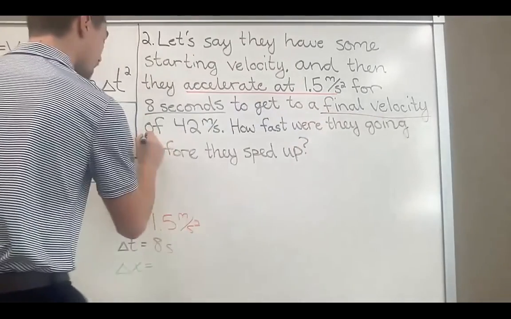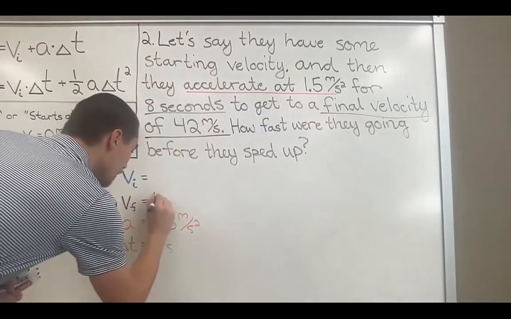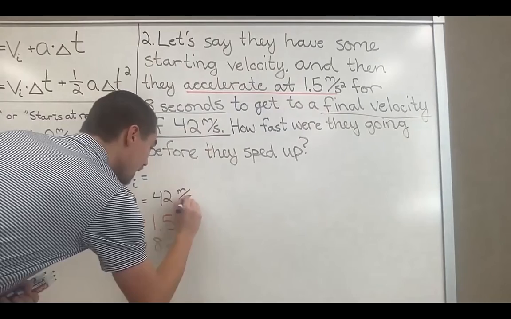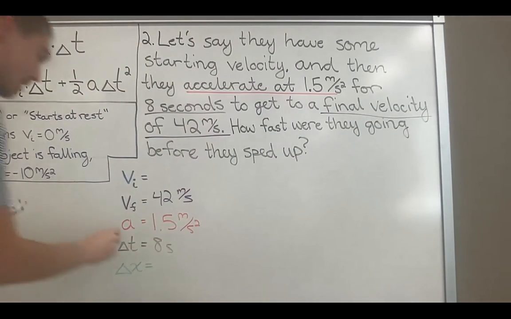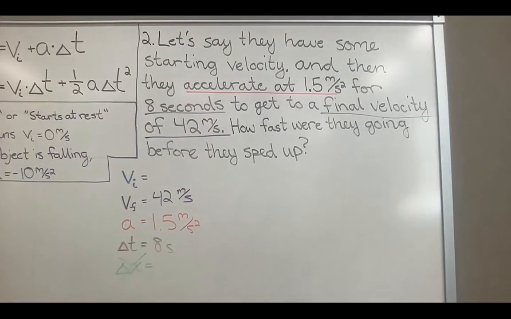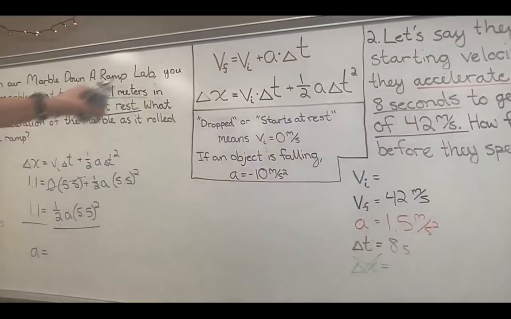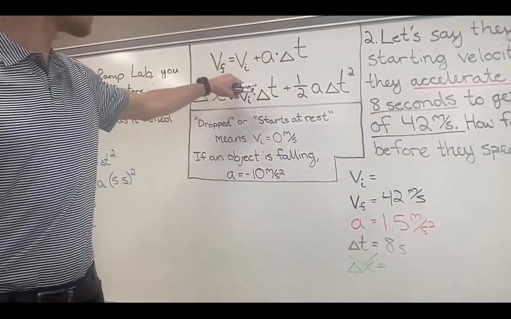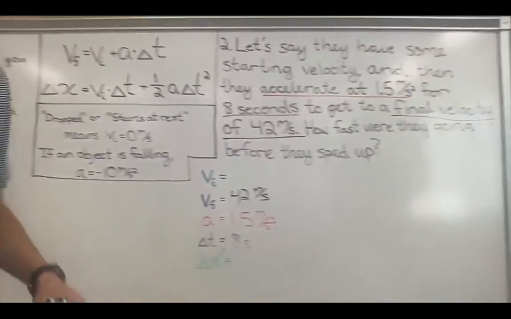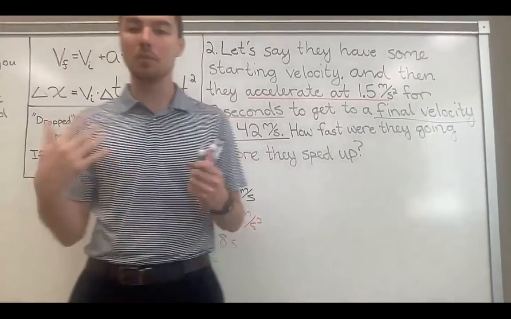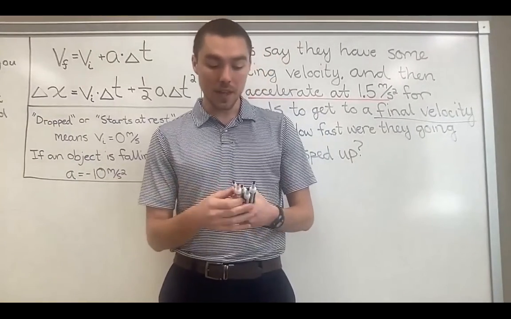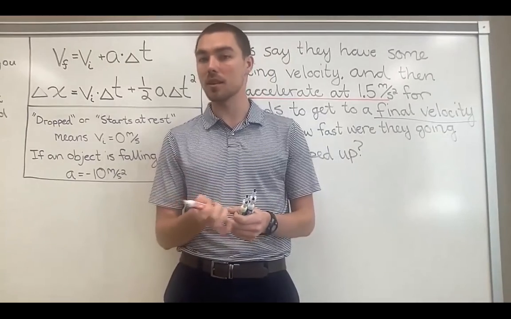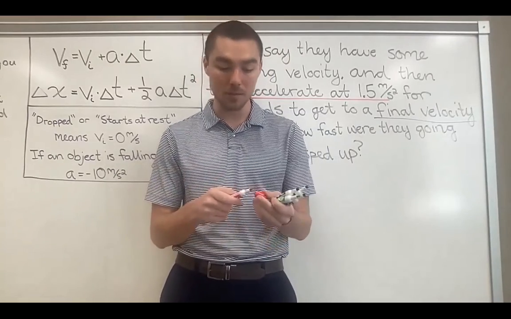So we have 42 meters per second, and we are looking for our initial velocity, which means we don't have our displacement. Our displacement is not in this problem, so we need to use that first equation in order to solve this. And I trust that you all can put those values into the equation and do the math yourselves. So that's a little demonstration on how to use constant acceleration equations to solve problems.